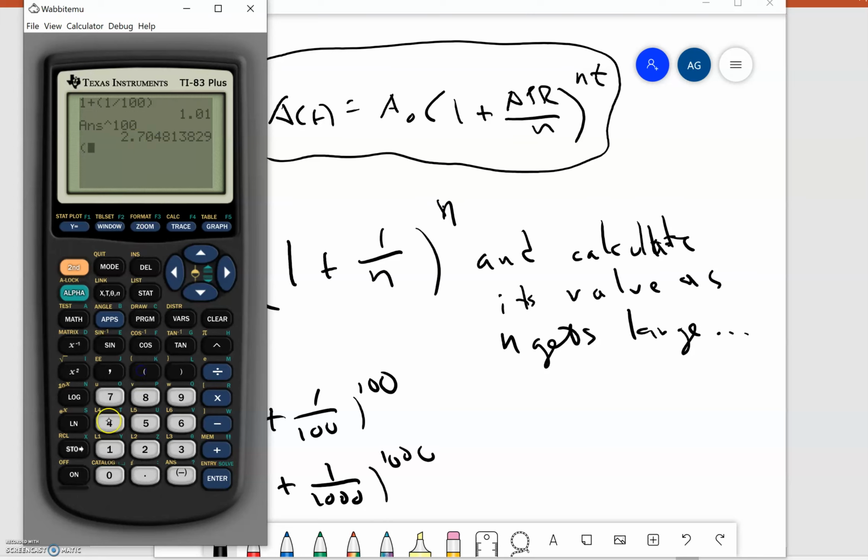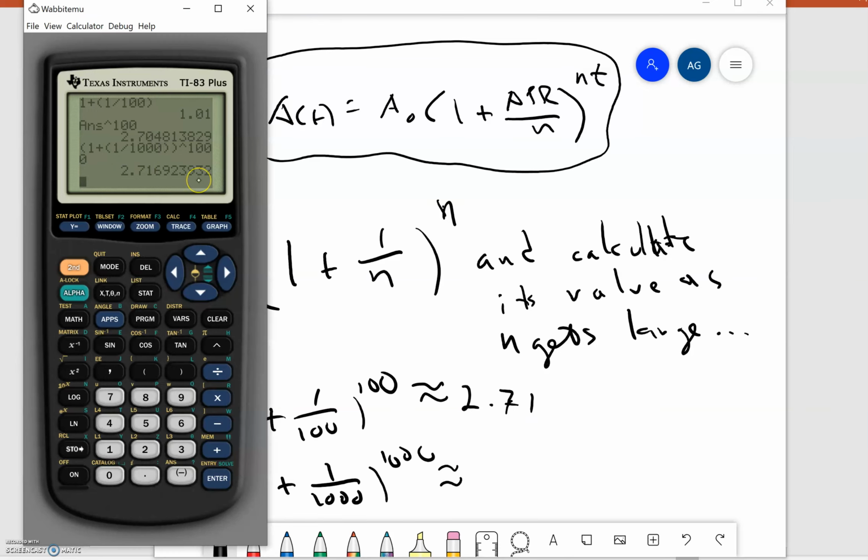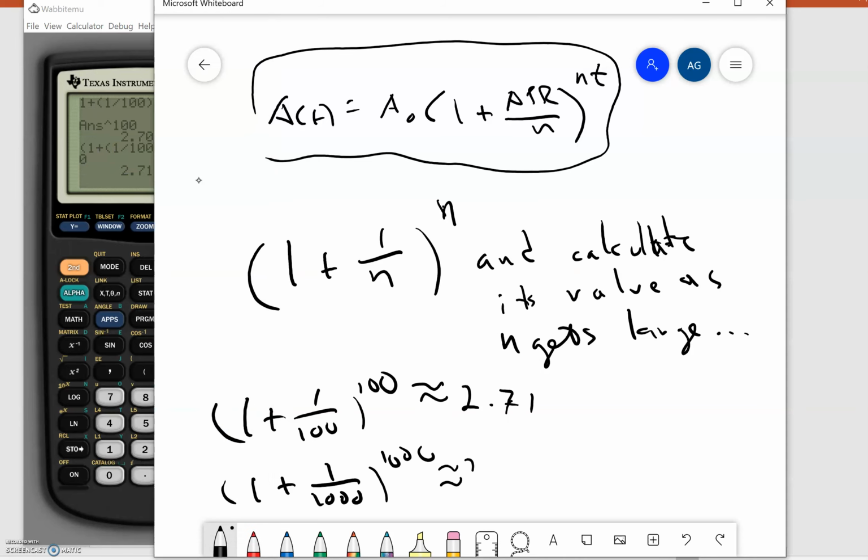So parentheses 1 plus 1 divided by 1,000, caret to the 1,000th power. And this is 2.717. So this is approximately 2.71, and this one is approximately 2.7.